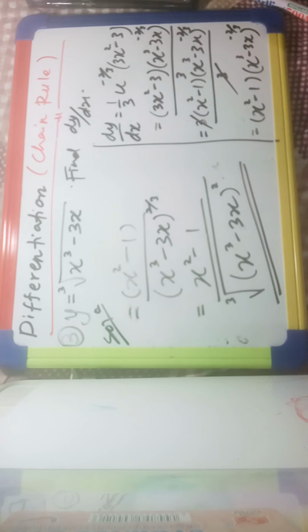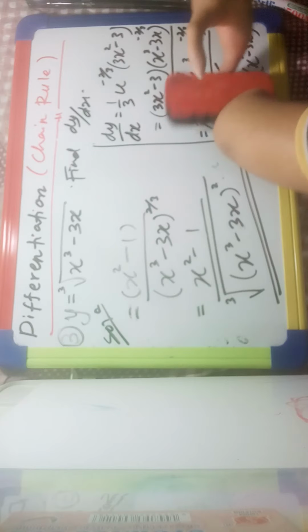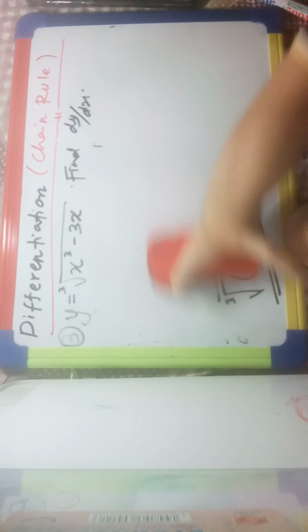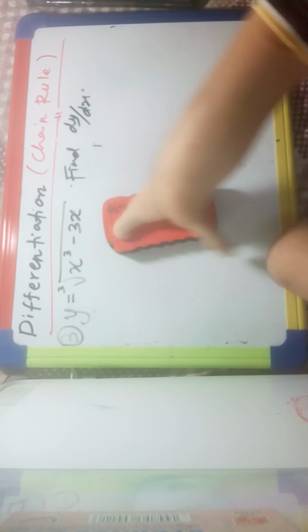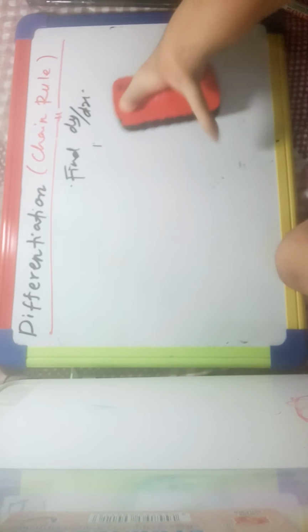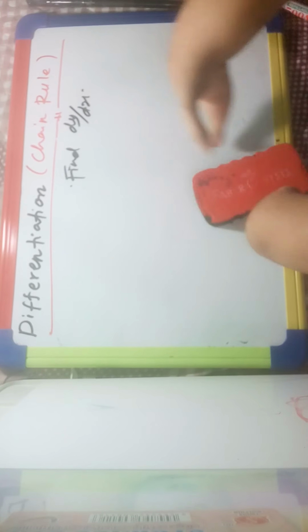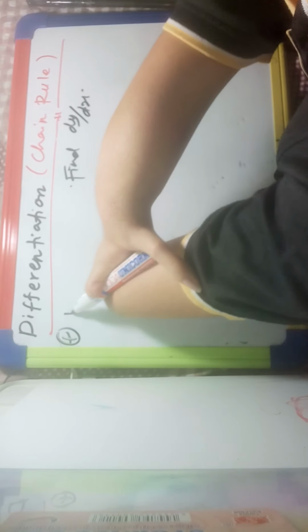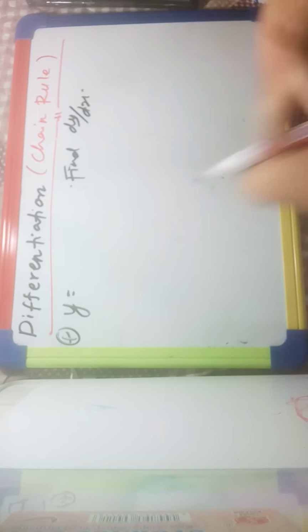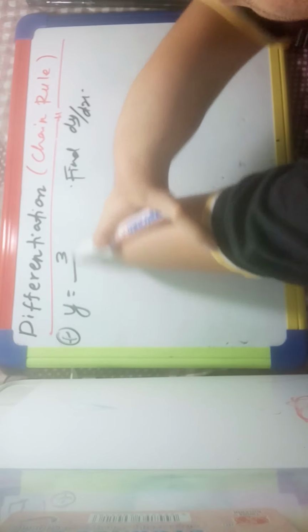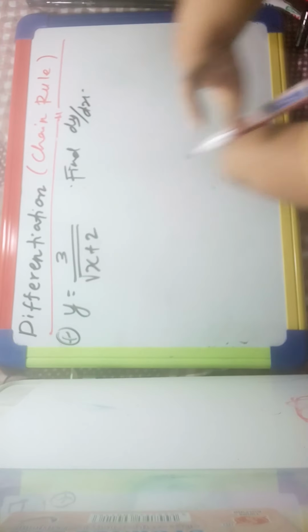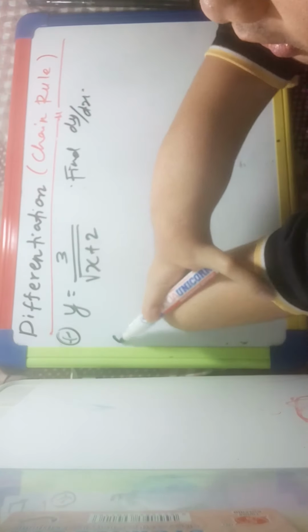Okay, next example. Okay, similar like this with the root thing. What if I want to find dy dx for y equal to, let's make it fraction, 3 over root x plus 2. Solution.